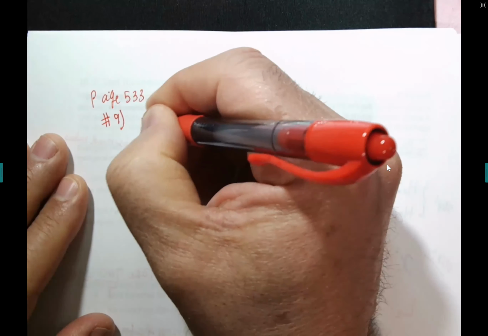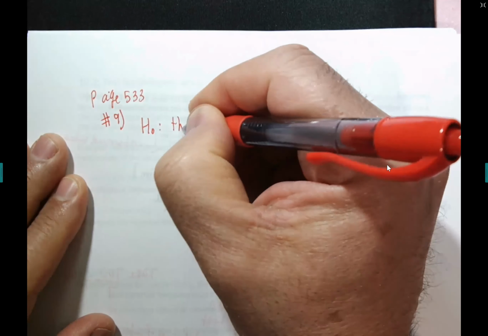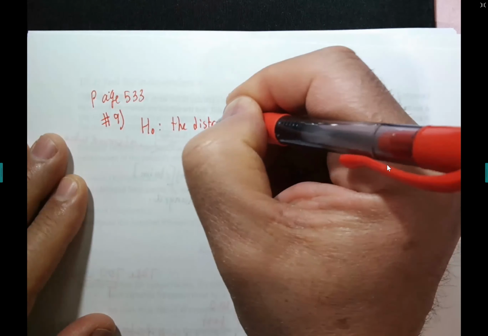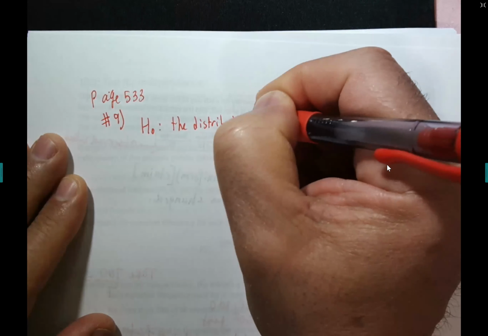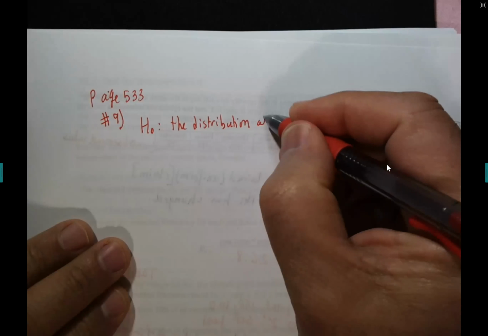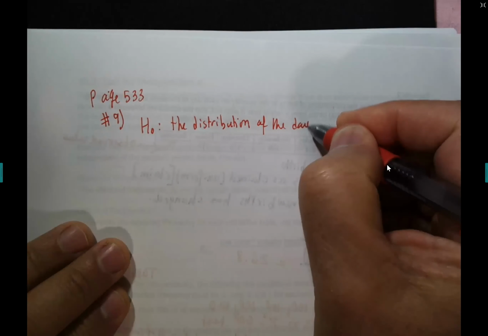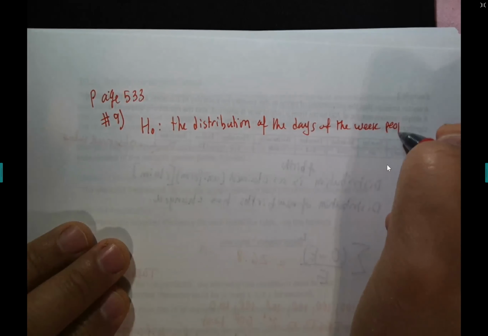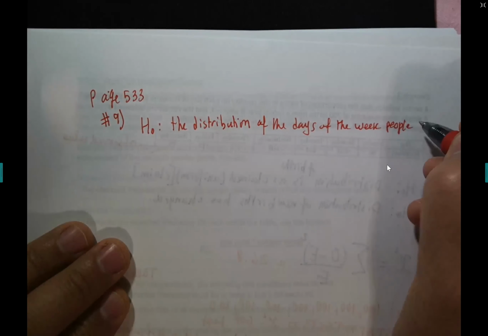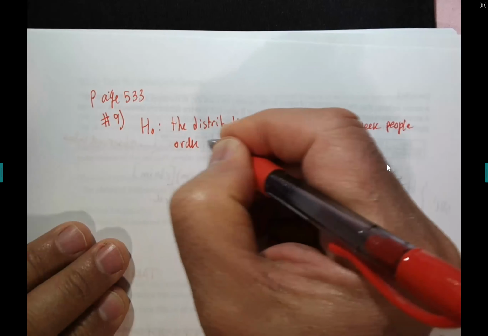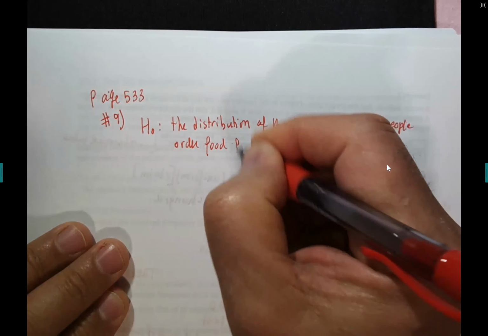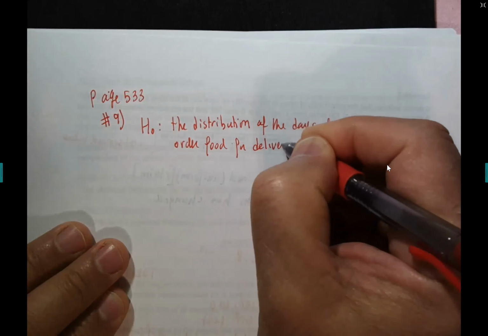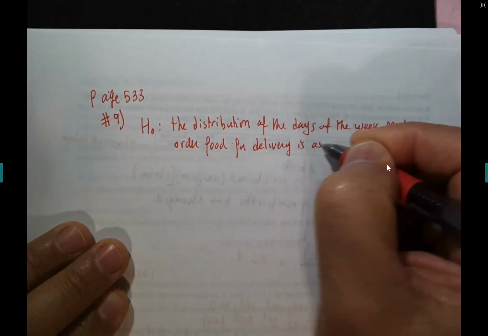And you start with H0: the distribution of the days of the week people order food for delivery is as claimed, or is as given in the problem.